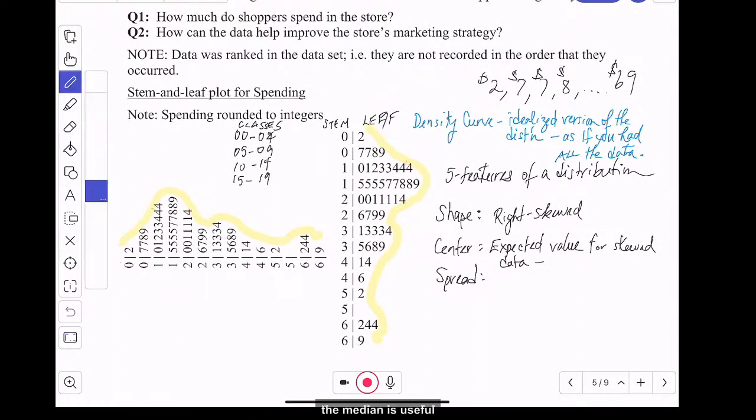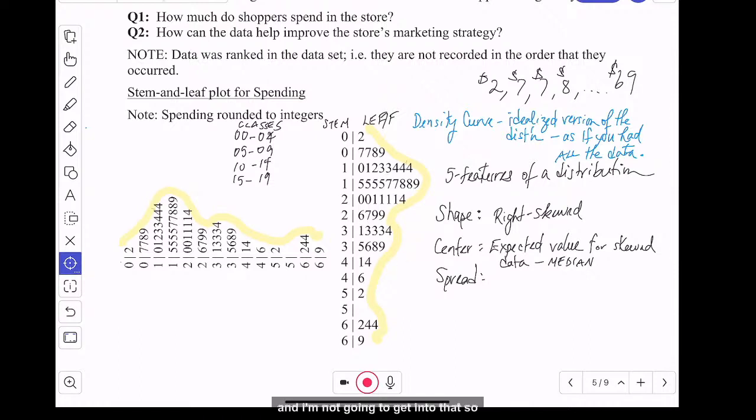So the median is useful because the median doesn't include all the values. The median is computed as the middle value of the ordered data set, or the average of 2 in the middle. Since this data has 50 observations, an even number, there will be 2 observations in the middle.